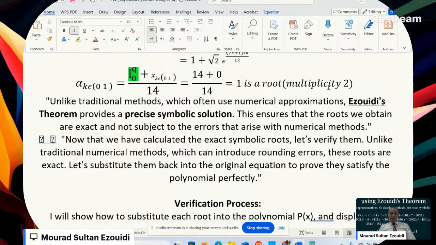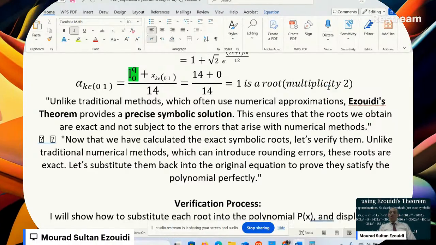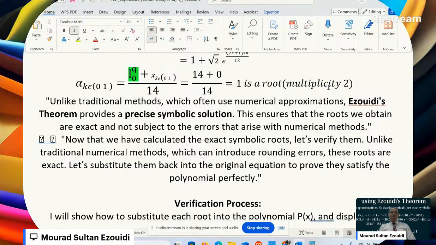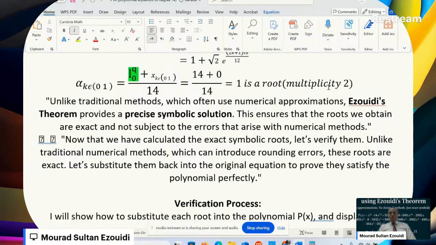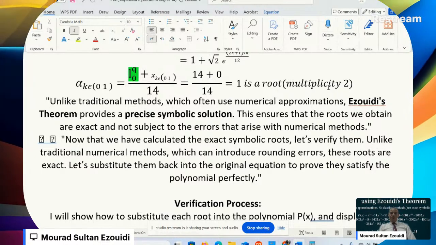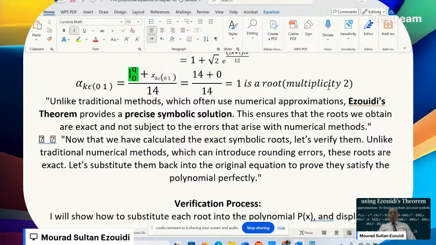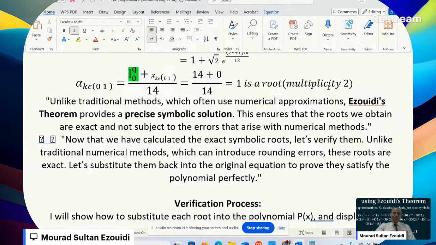Now that we have calculated the exact symbolic roots, let's verify them, unlike the conditional numerical method, which can introduce rounding errors. These roots are exact. Let's substitute them back into the original equation to prove that they satisfy the polynomial perfectly.